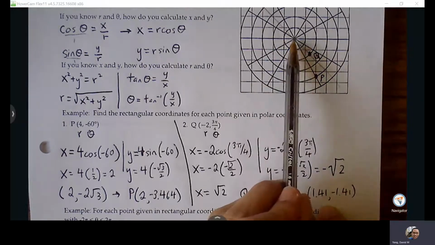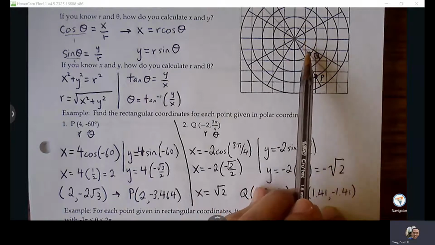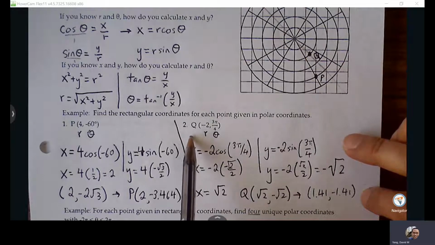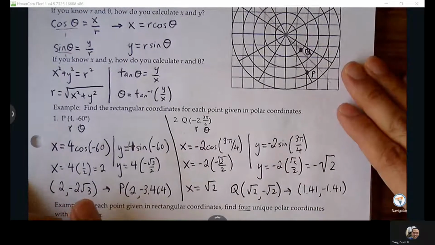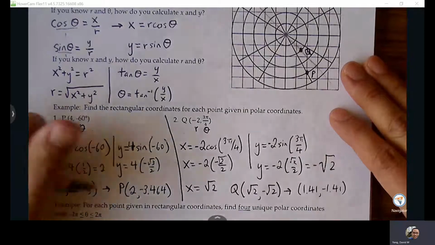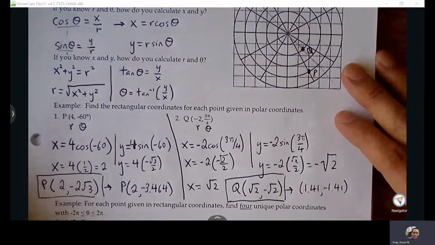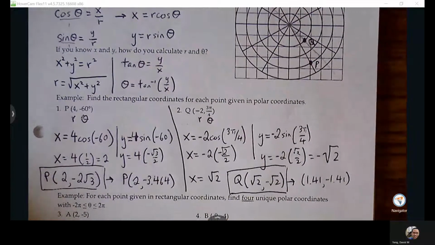So if I go 1.4 over, and I go down 1.4, yep, it looks like it's lining up consistently with what we would expect from point Q. Okay, any questions so far?